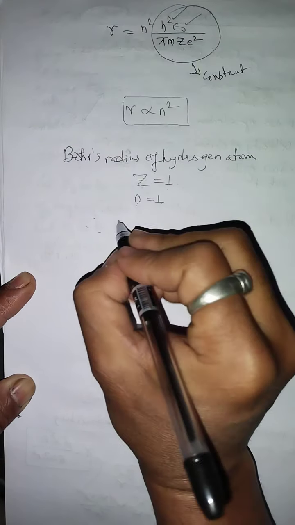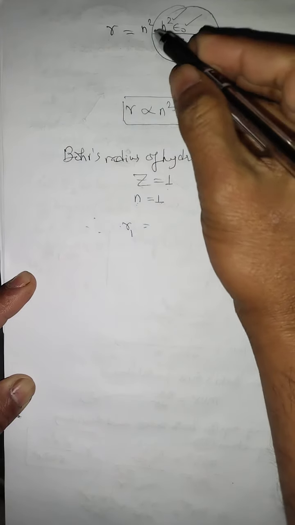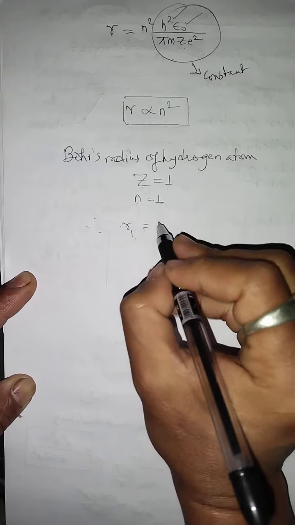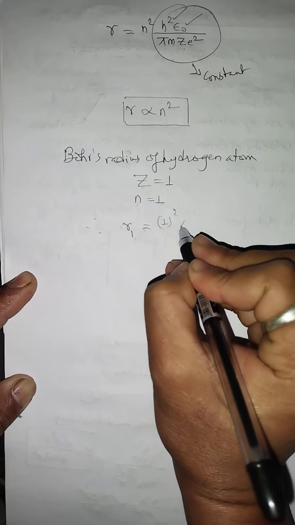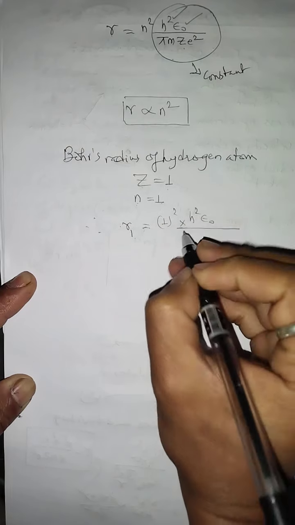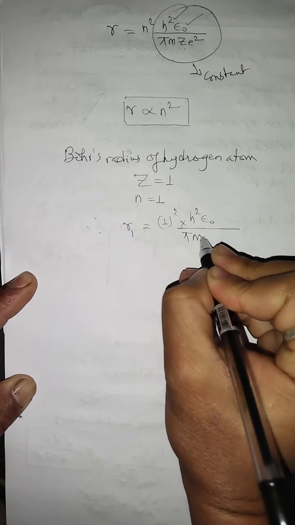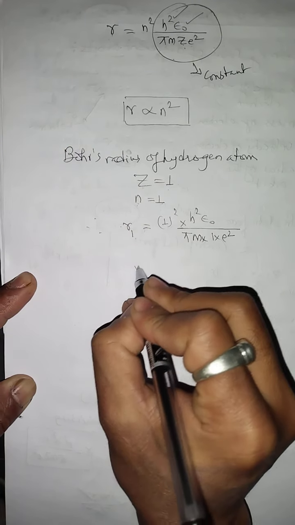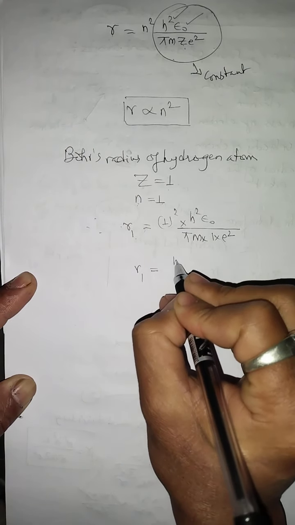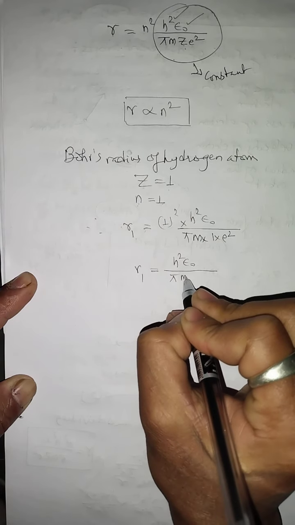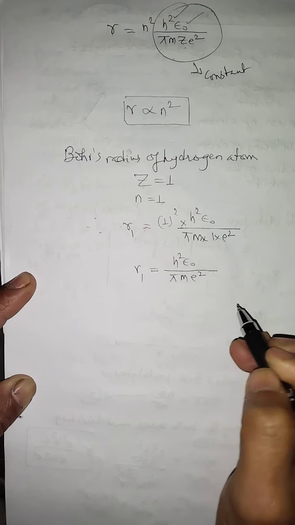R also as R1. When n is 1, I write the same R as R1. So R1 equals 1 square into h square epsilon naught by pi m, now Z also 1, into e square, which means R1 equals h square epsilon naught by pi m e square.